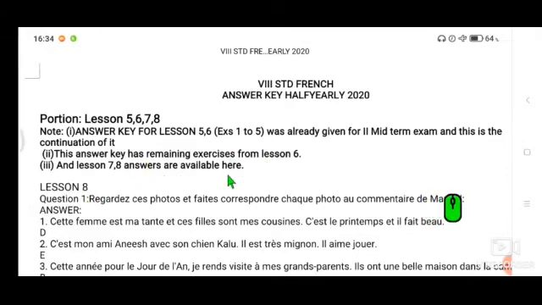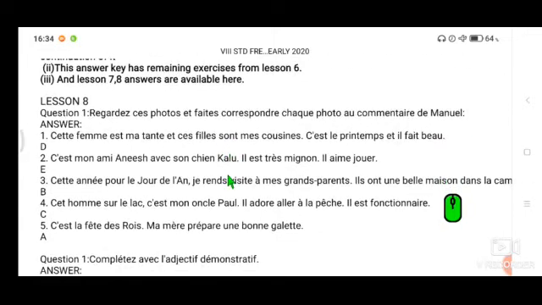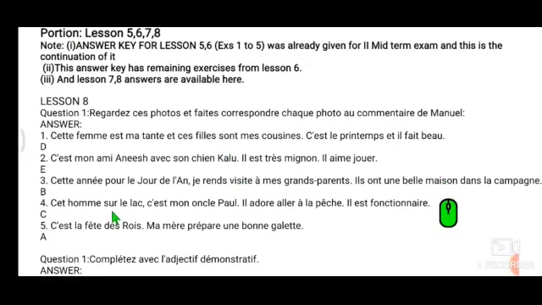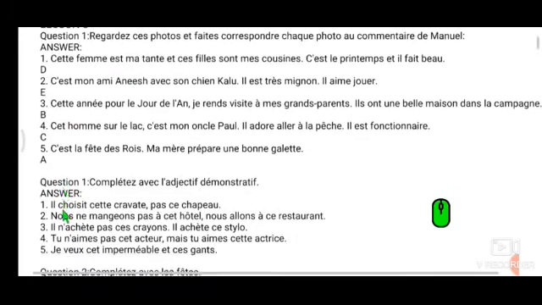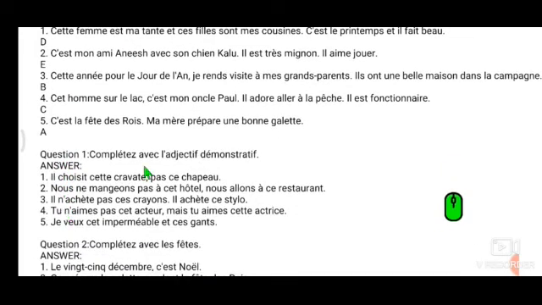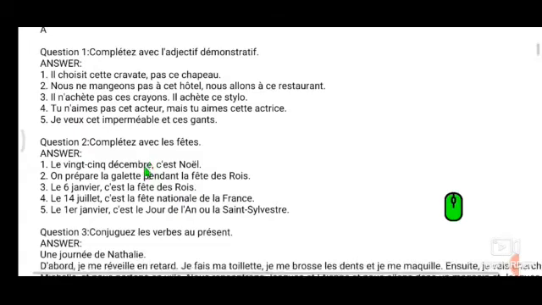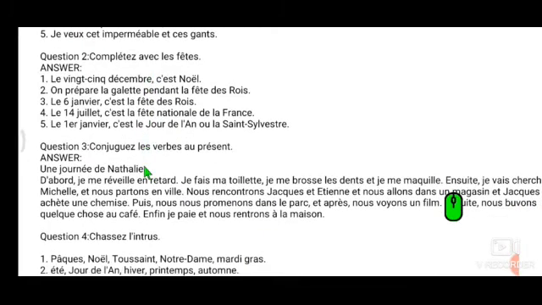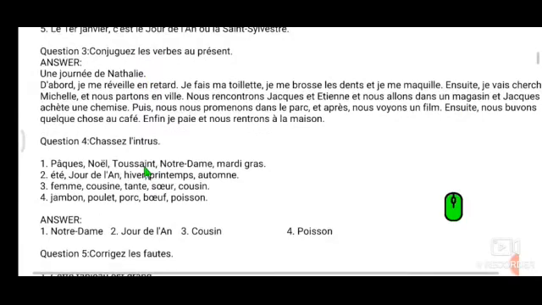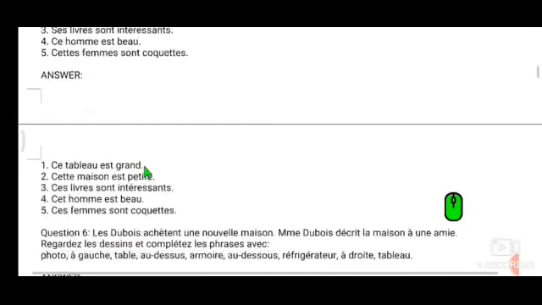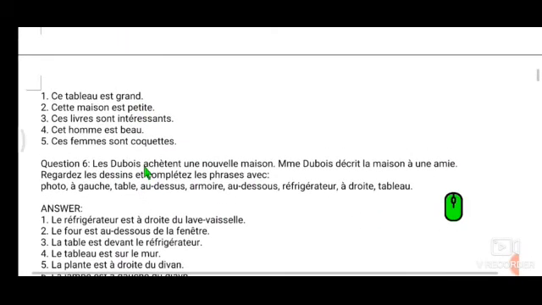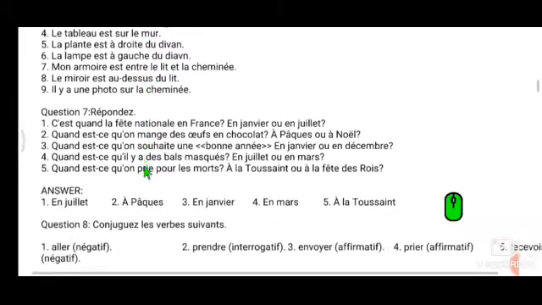Starting from the 8th lesson, there is the dialogue, adjectif démonstratif, compléter avec les fêtes, conjuguer les verbes au présent, chez l'intrus, like this. This is from lesson 8.